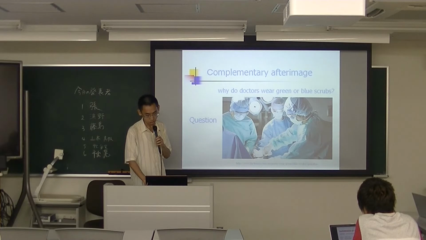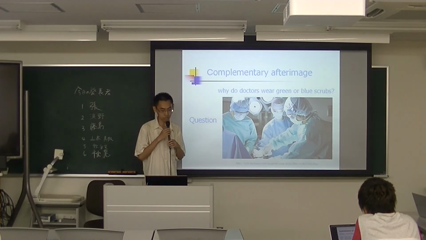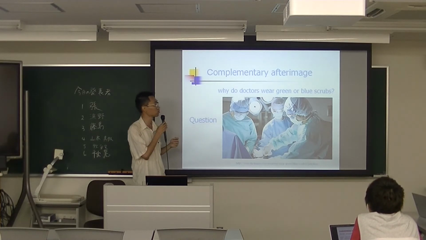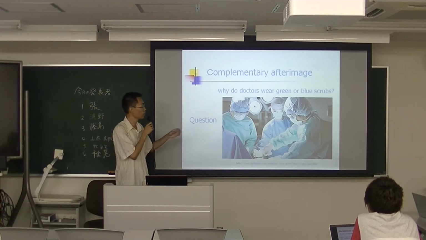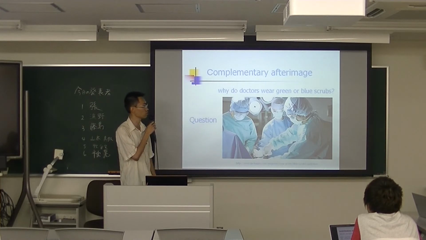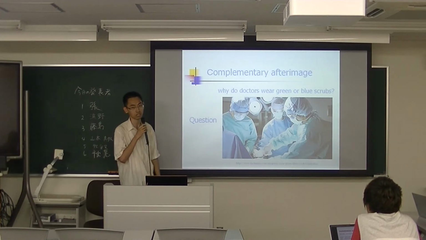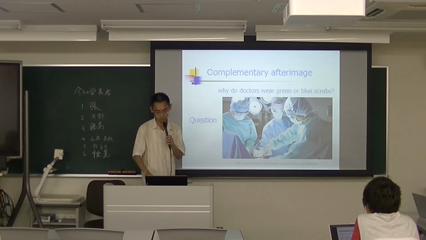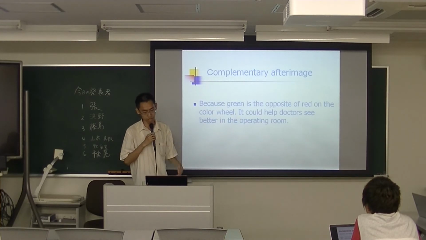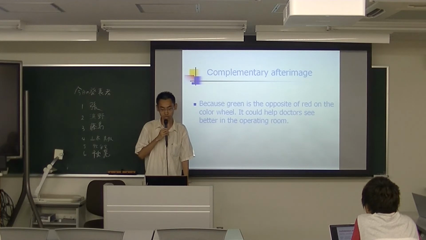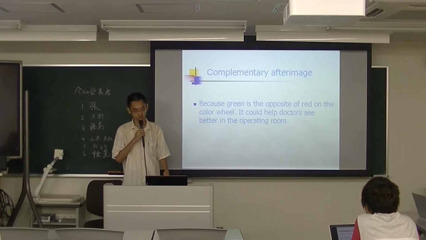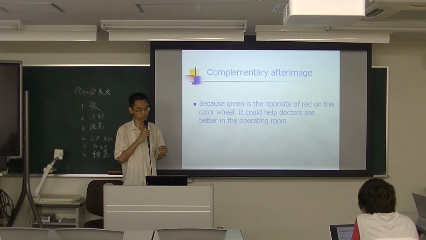And at last, I have a question about the complementary afterimage. Why do doctors wear green or blue scrubs? Because green is the opposite of red on the color wheel. It could help doctors see better in operating rooms.